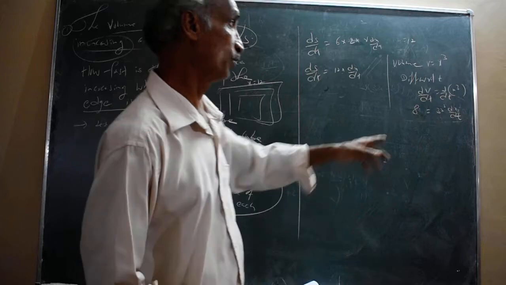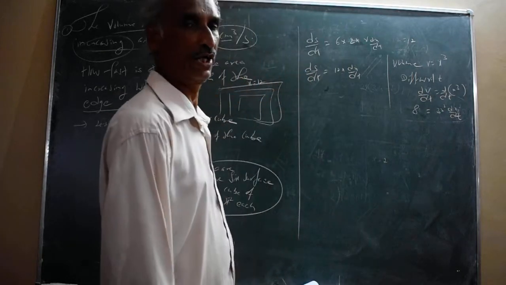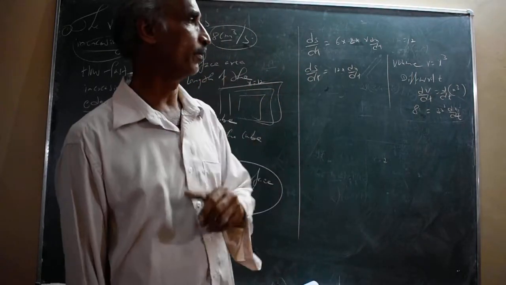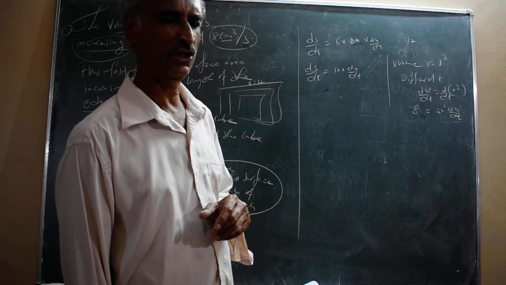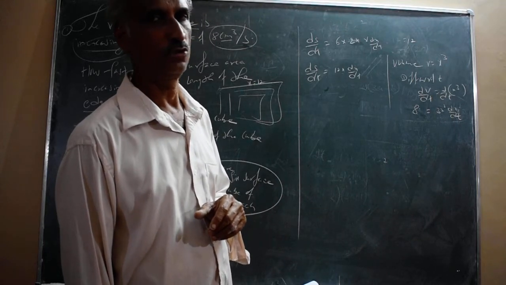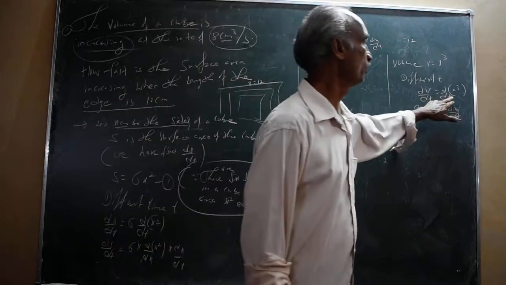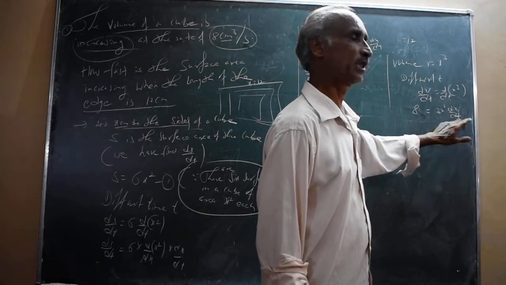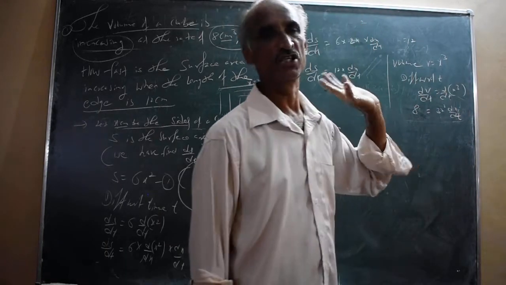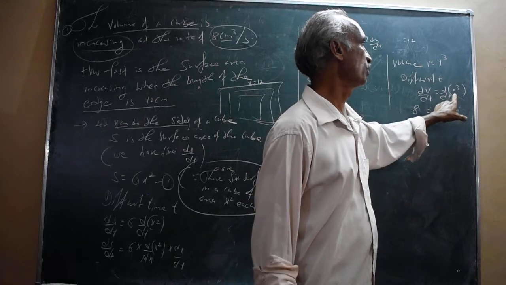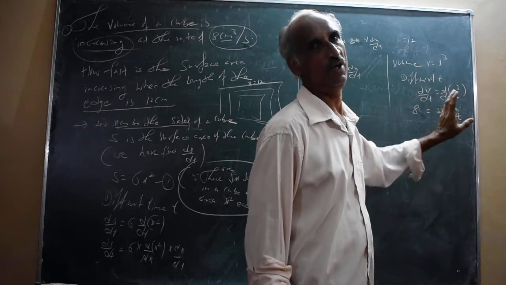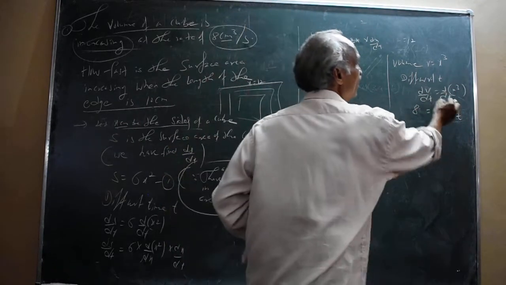X cube differentiation with respect to t. Again, chain rule. I am not writing chain rule, straight away I am writing. X cube, 3x square, 3 into x raised to 3 minus 1, 2, no. But with respect to t there. Therefore, into dx by dt. X with respect to x simply 3x square. But x with respect to t additionally dx by dt should be taken.